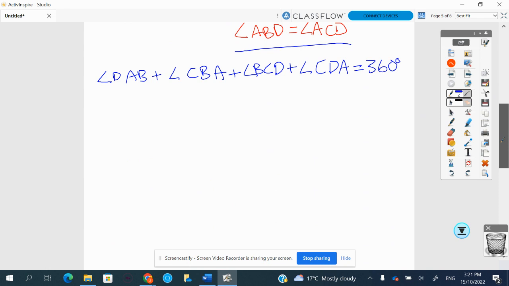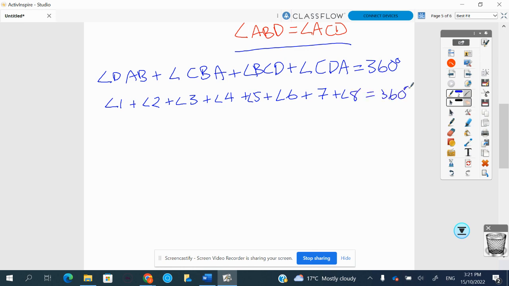So I'm going to rewrite this statement using our 8 numbers. So angle 1 plus angle 2 plus 3, 4, 5, 6, 7, 8 is equal to 360 degrees.